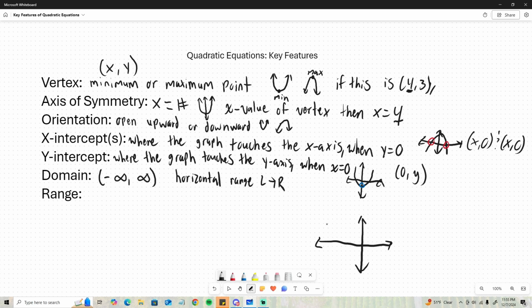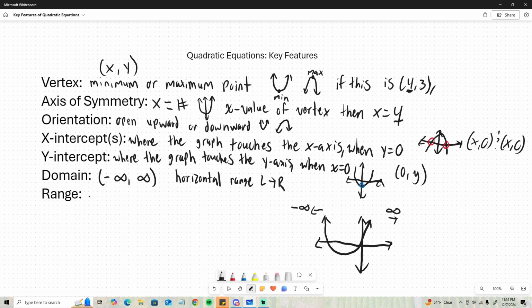Let's say this is my parabola. These arrows mean it's going to keep going. So when I keep going to the left this way, what am I eventually going to run into on the x-axis? Negative infinity. When I keep going right, what am I going to eventually get to on this side? Positive infinity.